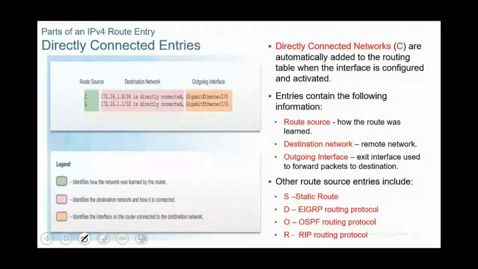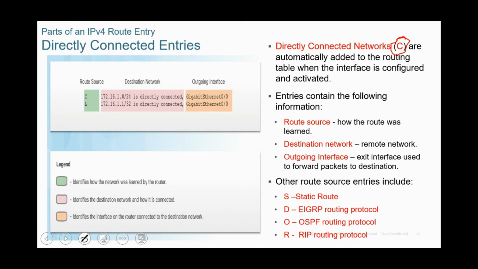As a quick revision of what I already covered in previous chapters, the C denoted in your routing table when you show ip route is the directly connected network. This C will be automatically added into the routing table when the interface is configured and activated. Entries contain the following information.